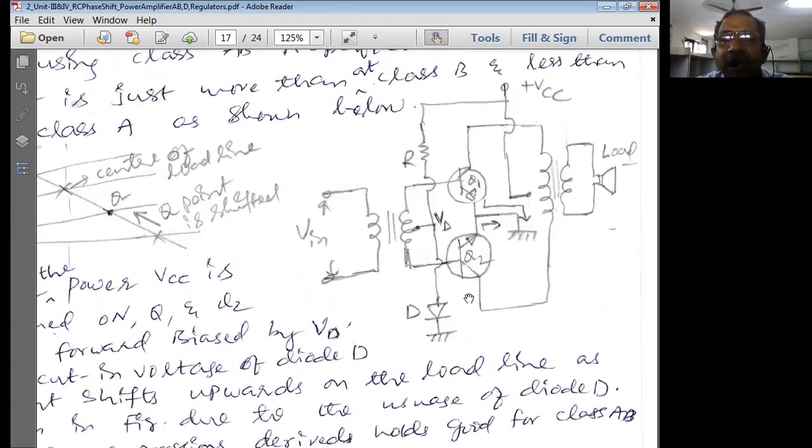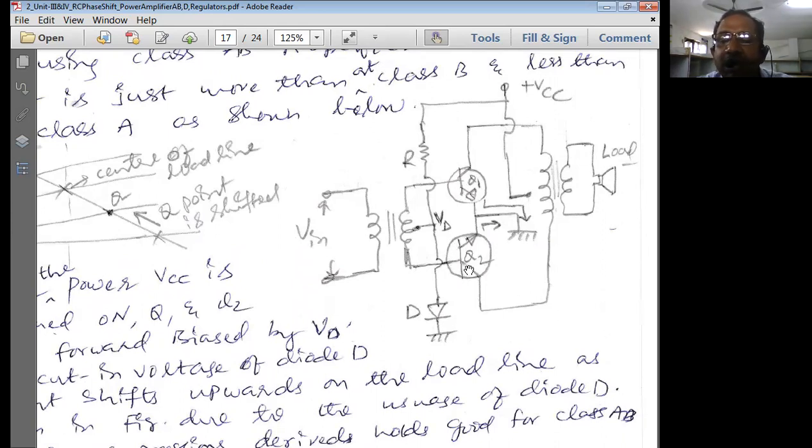Initially, at the very beginning, without any input signal, we have applied only VCC. Once you switch on the power supply, Q1 and Q2 will be in the on condition. Why? Because there is going to be a voltage called VD, which has been clamped to the base of transistor Q1 as well as Q2.